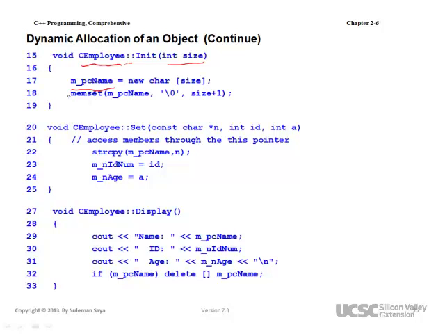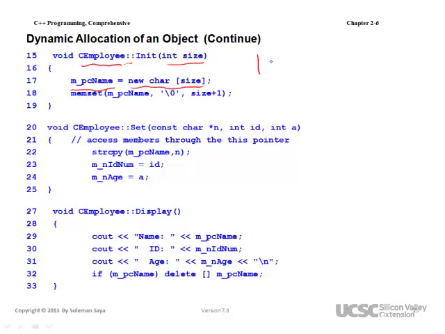So at line number 17, I am allocating the array of characters of some size, using new. This PC name is a data member within the class, right?